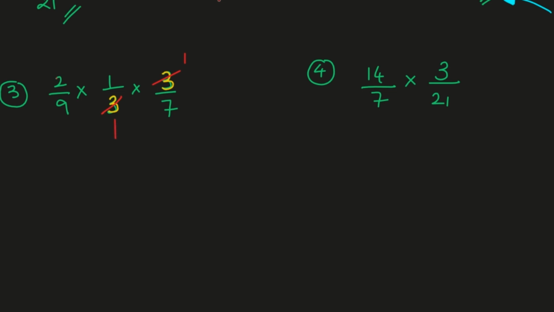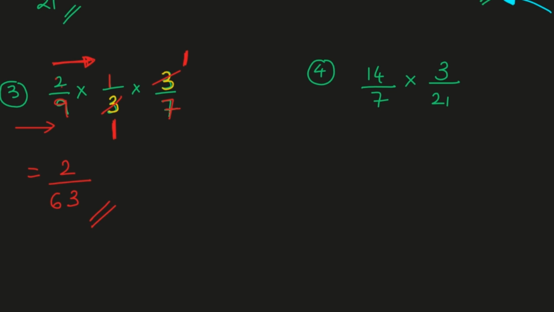Is there anything else? No, nothing else. So we can simply multiply the numerators and the denominators separately. 2 into 1 into 1, it's 2. So the numerator is 2. Then 9 into 1 into 7, it's 63. So that's the answer, no more simplifications.